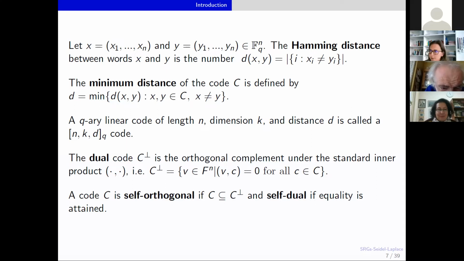We will be interested here in self-orthogonal codes, because our method works for obtaining self-orthogonal codes. Self-orthogonal codes are one of the nice families of codes because of their easy decoding and nice properties, and some of the best codes that are found are self-orthogonal or even self-dual.